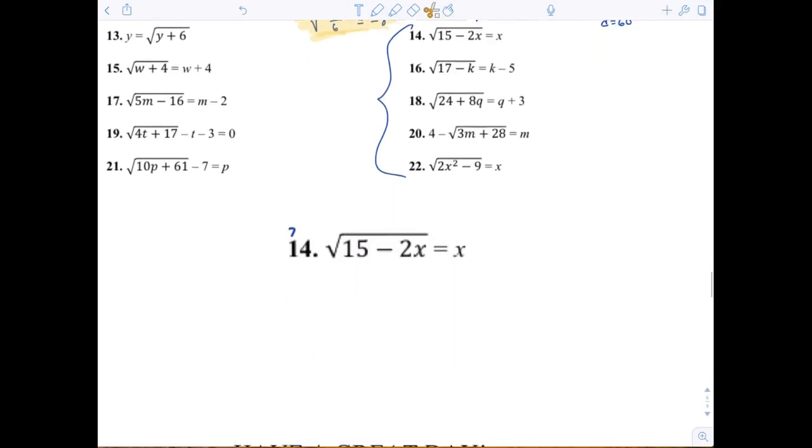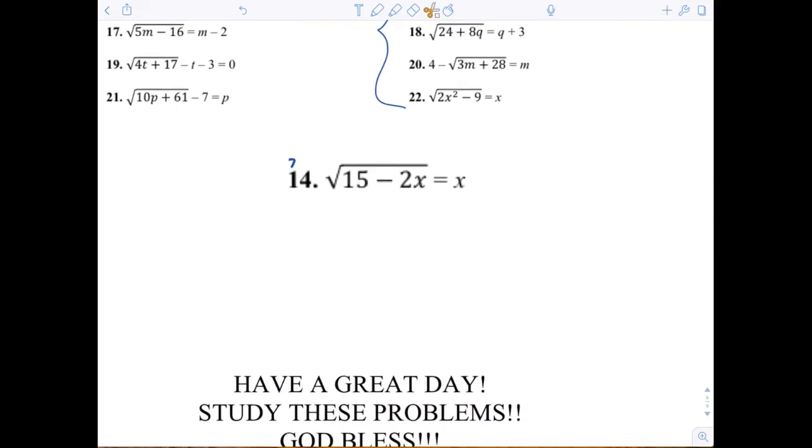All right, here we go. So I have to square both sides. So 15 minus 2x equals x squared. Does everybody agree? So now I want to set it equal to 0. So x squared plus 2x minus 15 equals 0.